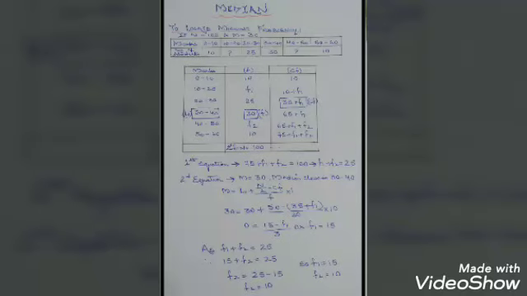The frequency for 0 to 10 is 10. For 10 to 20 the frequency is missing, so we have taken it to be F1. For 20 to 30 it is 25, for 30 to 40 it is 30, and for 40 to 50 the frequency is missing, so we have assumed it to be F2, and 50 to 60 is 10.